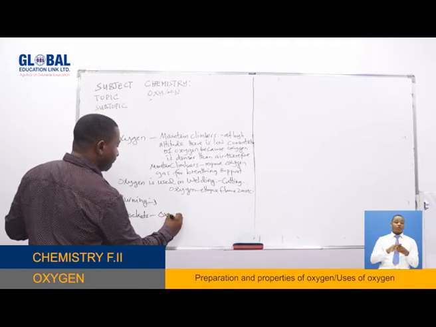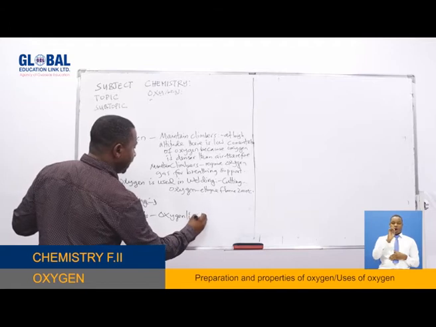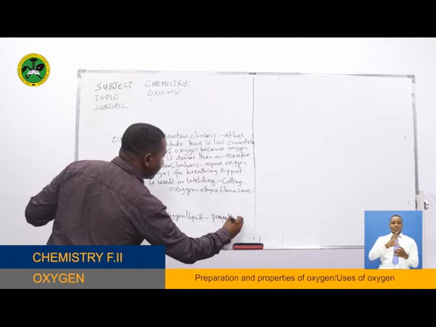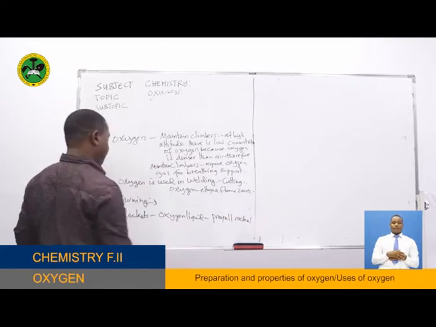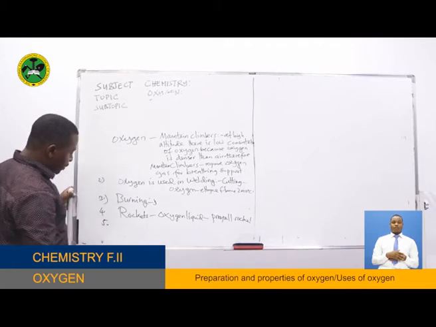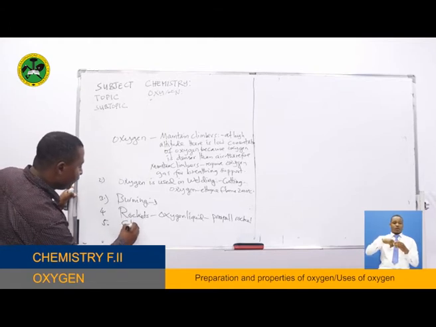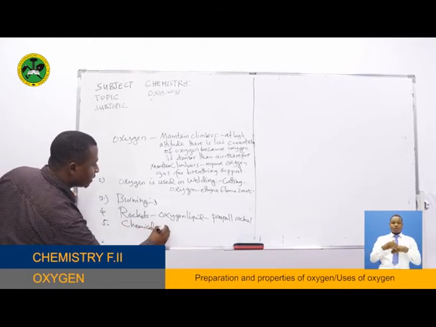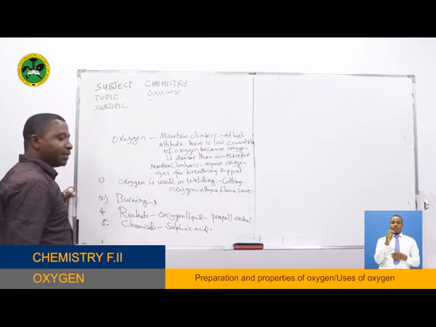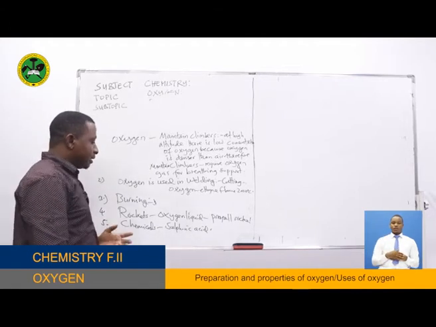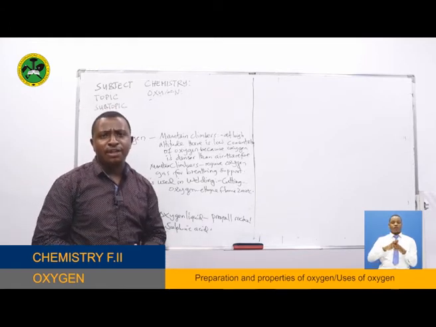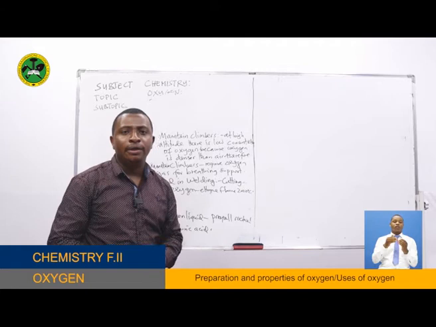Liquid oxygen and hydrogen are used to propel rocket engines. Also, oxygen is used in making different chemicals, such as sulfuric acid. There are a lot of uses of oxygen, so dear students, you can add some more.